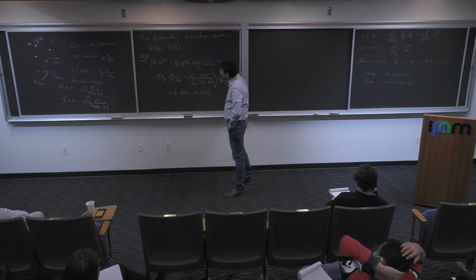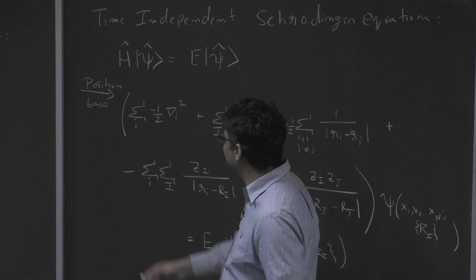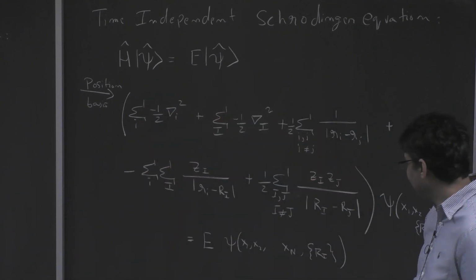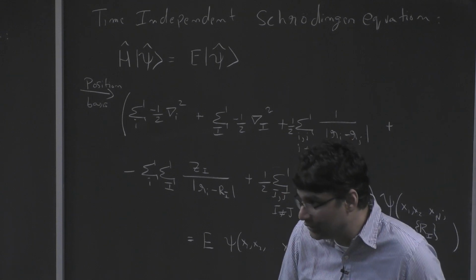So we have the time-independent Schrödinger equation over here, which is an eigenvalue problem. We have now written this in the position basis. One of the important aspects over here is that the wave function is one of the key quantities that we are after, and it has all the information about the material properties that you want to compute.